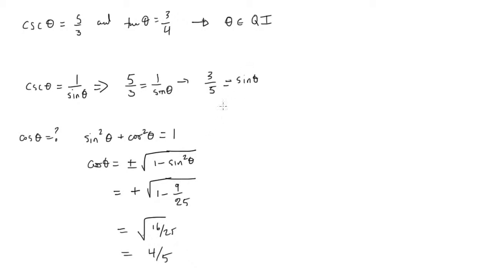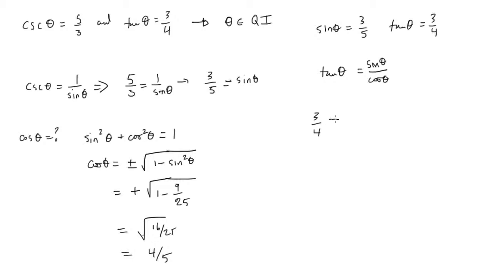Now another way that you could have gotten that, by the way, would be to go back to the fact that we know tangent. We know that sine of theta was 3/5, and we know that tangent of theta was 3/4. And I know that tangent theta equals sine of theta over cosine of theta. So I have an equation now.